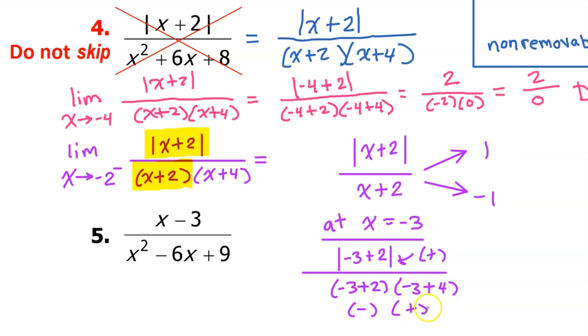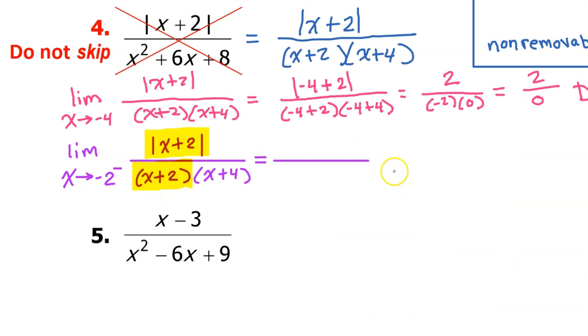Negative 3 plus 4 is positive 1. So a negative times a positive is a negative, so we have a negative denominator, which means the overall value of this expression will be negative 1. You should do all of that in your head. I just showed it for instructional purposes.